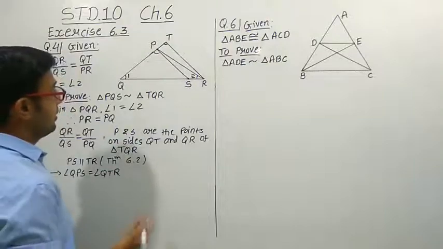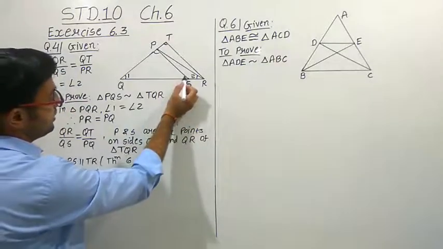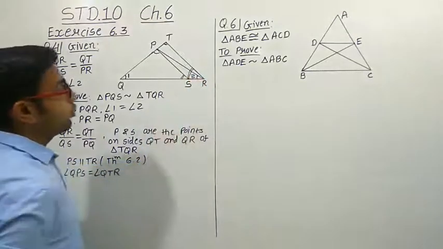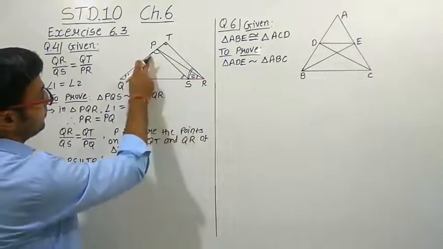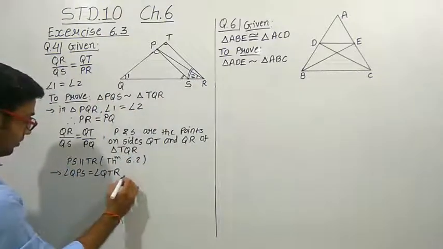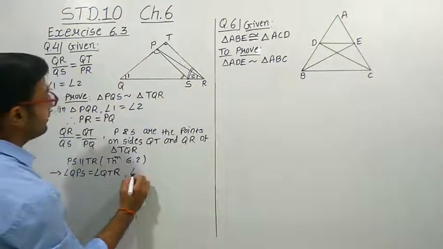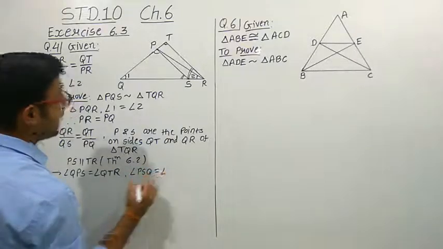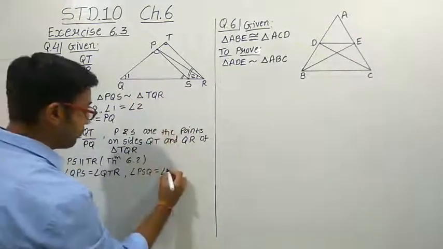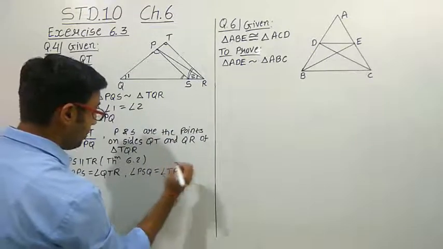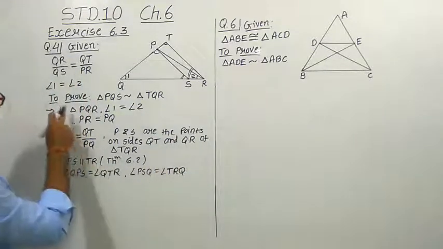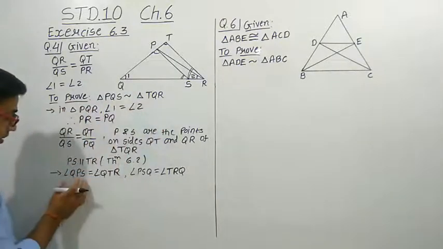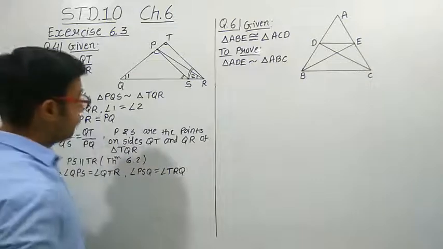In the same way, here also we can write down that this angle and this whole angle will also be equal. So this angle is PSQ. Here also we can write down that angle PSQ will be equal to angle TRQ. So in these two triangles that we have to prove similar, PQS and TQR, two angles are equal to one another.